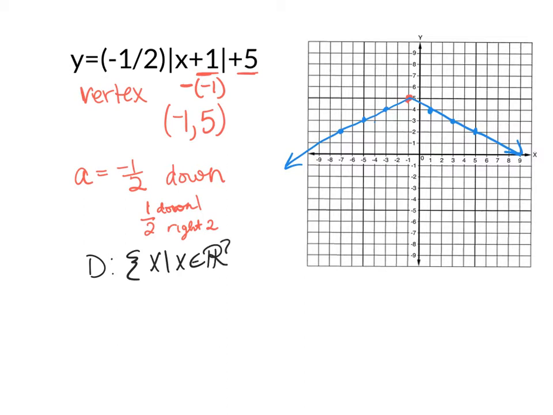And my range, y such that y, everything here is less than my vertex, so less than or equal to my k, which is 5. So if it opens up, it's greater than, and if it opens down, it's less than.